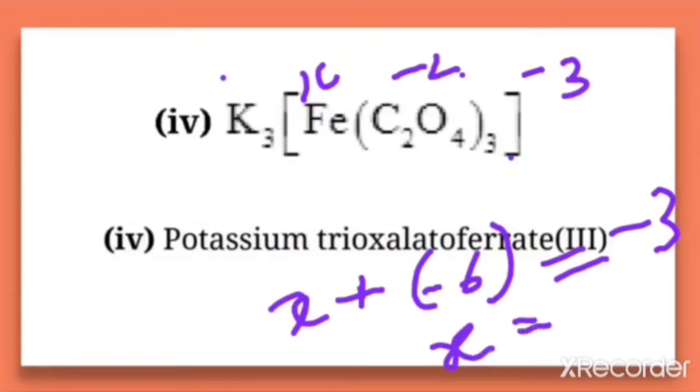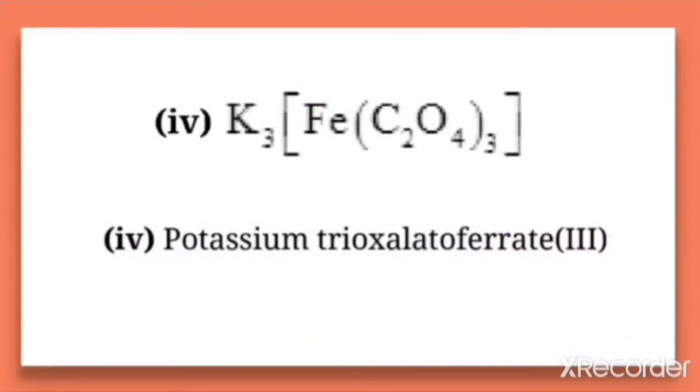X is equal to 3. Plus 3 is the oxidation number for Fe. So that we have written in the brackets here. So whenever you are naming any complex, you have to find the oxidation number of the central metal ion with the same method as we have done. So that is the name of this complex.